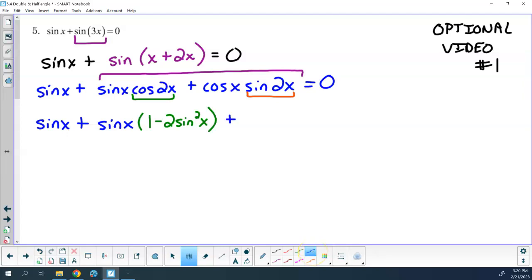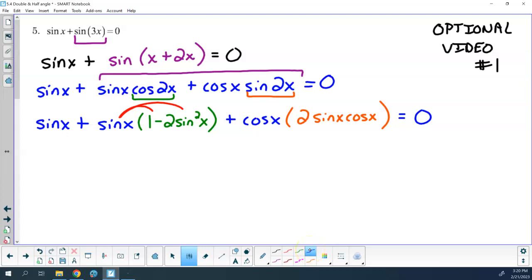Then we've got plus cosine of x, and then sine of 2x, we only have one option, and that's 2 sine of x cosine of x. And that all is still equal to 0. Now on the second one, we can distribute that sine of x there.